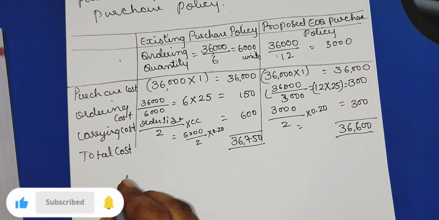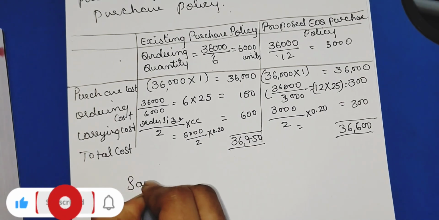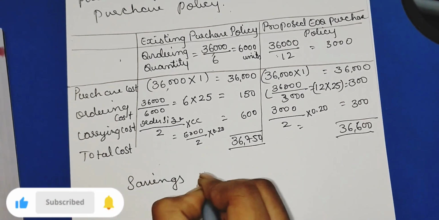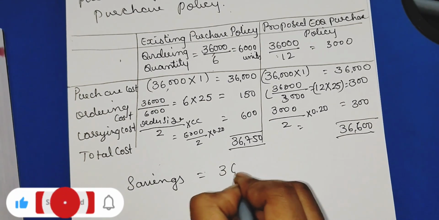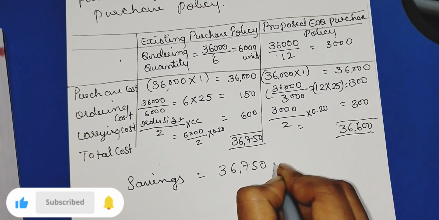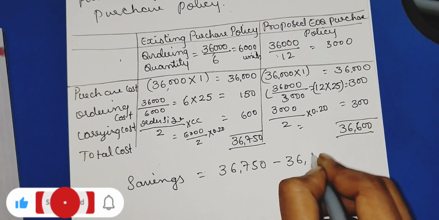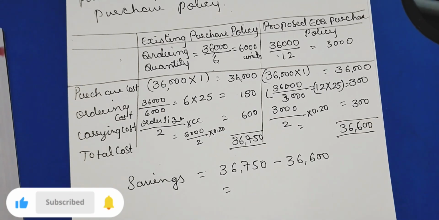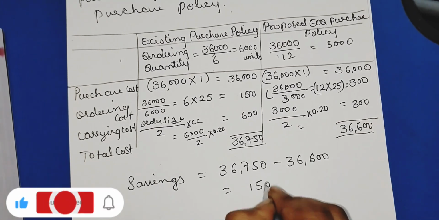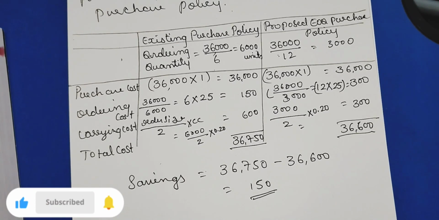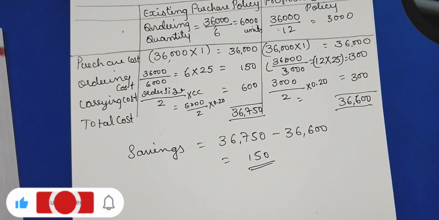What is your savings? The savings from EOQ is 36,750 minus 36,600. So it is 150, your saving by using the EOQ. Right?